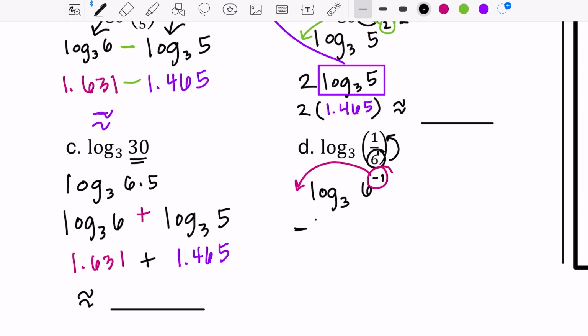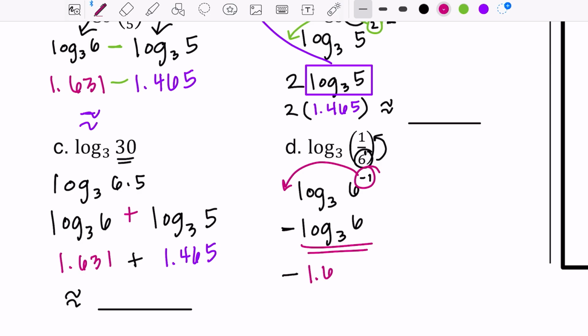So we have negative log base 3 of 6. And if you notice, there's that log base 3 of 6. So we just need to times it by negative 1. And I don't need the calculator for that because that is approximately negative 0.1631.